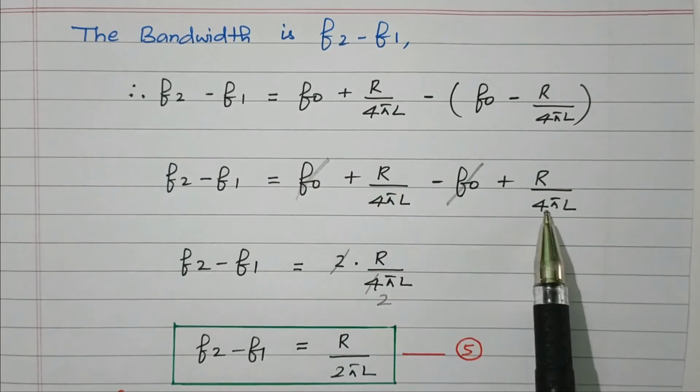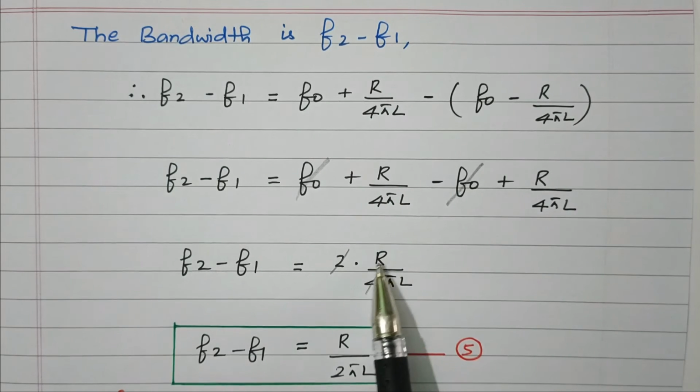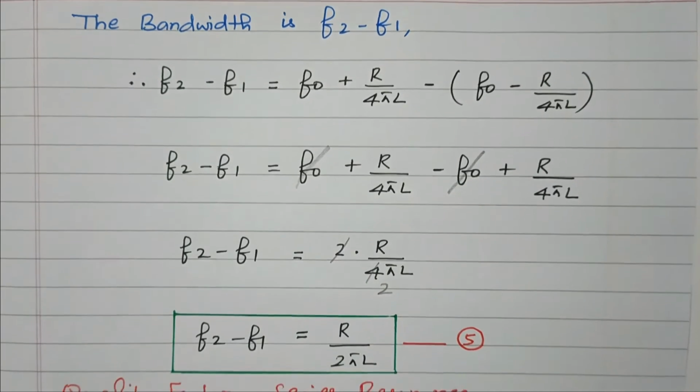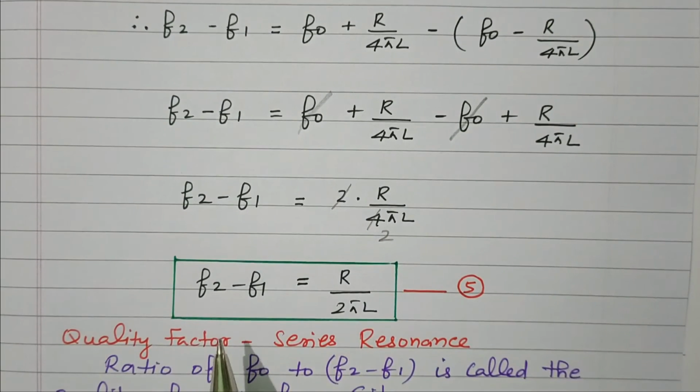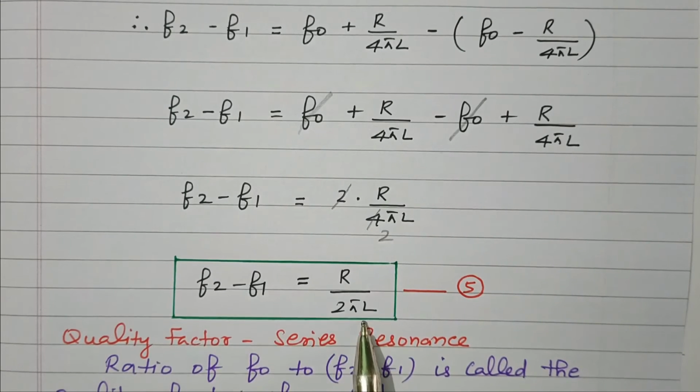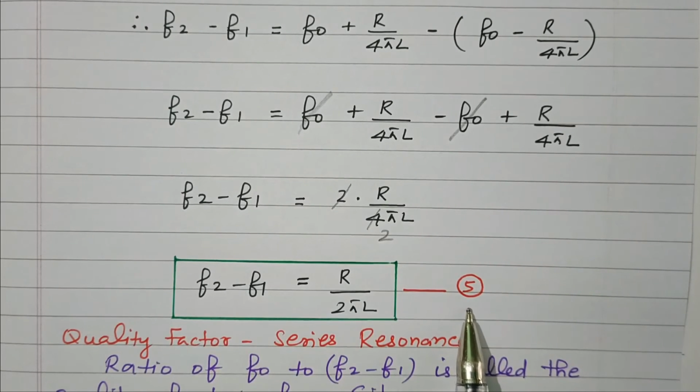R by 4 pi L is available 2 times, 2 times of R by 4 pi L. The 2 here and the 4 here, so it is R divided by 2 pi L. So the bandwidth f2 minus f1 equal to R divided by 2 pi L. So we got the expression for bandwidth also. Take this as equation number 5.